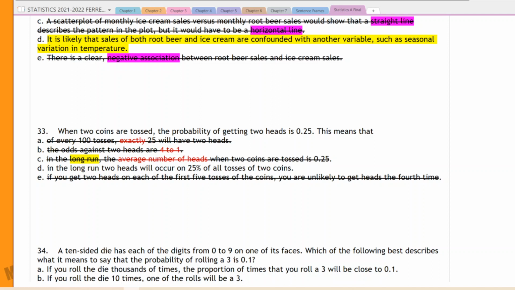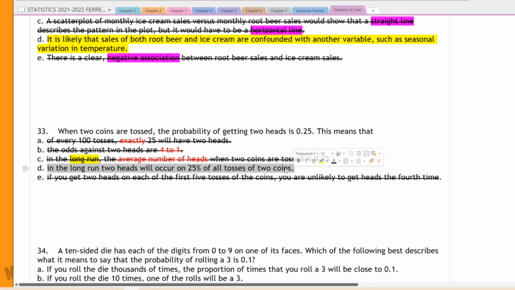But I suppose since we're looking at a long-run probability, as long as we get a long enough long run, it will be 25%. And that would be in the really, really long run here. So I guess letter D would be a better answer than letter C, especially when you see the average number of heads is 0.25, and it should be the average proportion of heads. So that one got me.